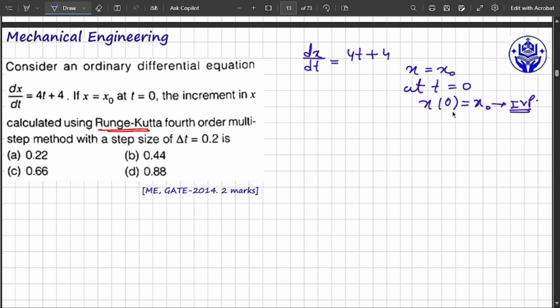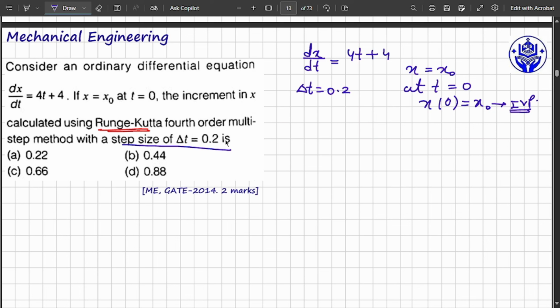This is called an initial value problem. Now the step size delta t is 0.2, and we use the Runge-Kutta fourth order multi-step method.